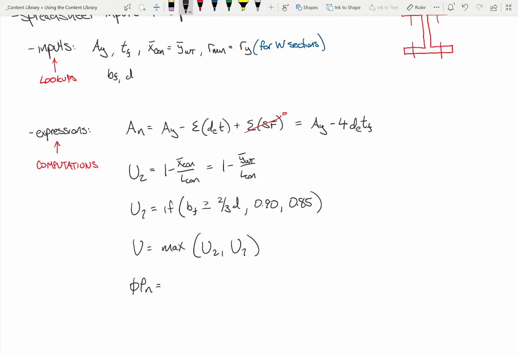And then do what? Take the smaller. Right?